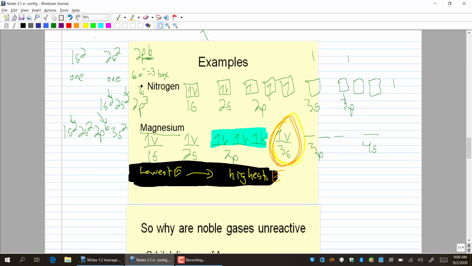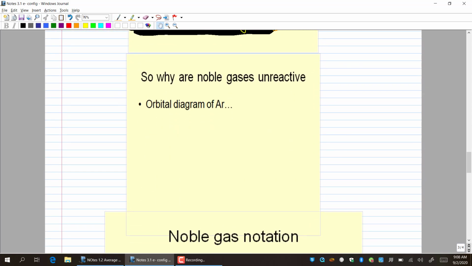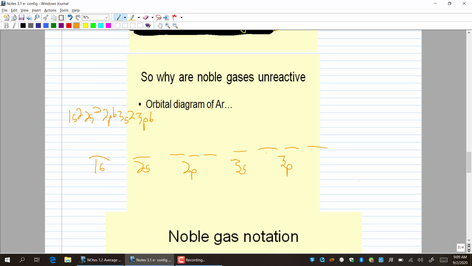Now we will go to why noble gases are unreactive. Orbital diagram of argon. I'm going to write the electron configuration of argon first: 1s2, 2s2, 2p6, 3s2, 3p6. Orbital diagram: 1s, 2s, 2p has 3 boxes, 3s is 1, 3p has 3 boxes.